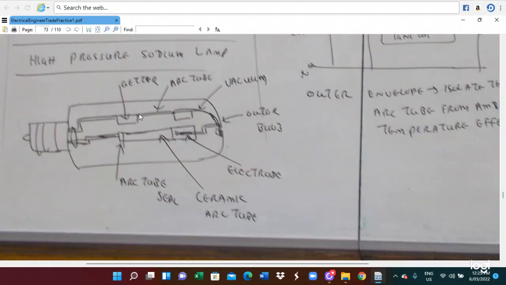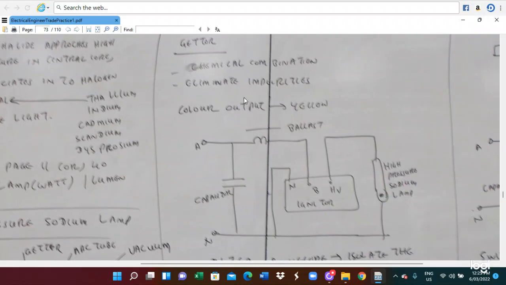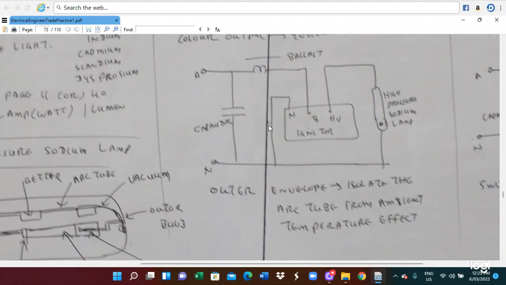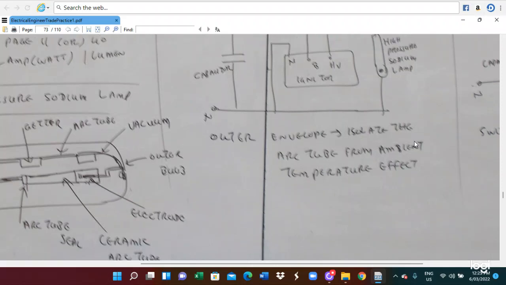High pressure sodium light. This will be the components of the high pressure sodium lamps. Here is a gas starter. This is the connection diagram of the gas starter, the high pressure sodium lamp, the ballast and the components. The outer envelope isolates the arc tube from the ambient temperature effect.